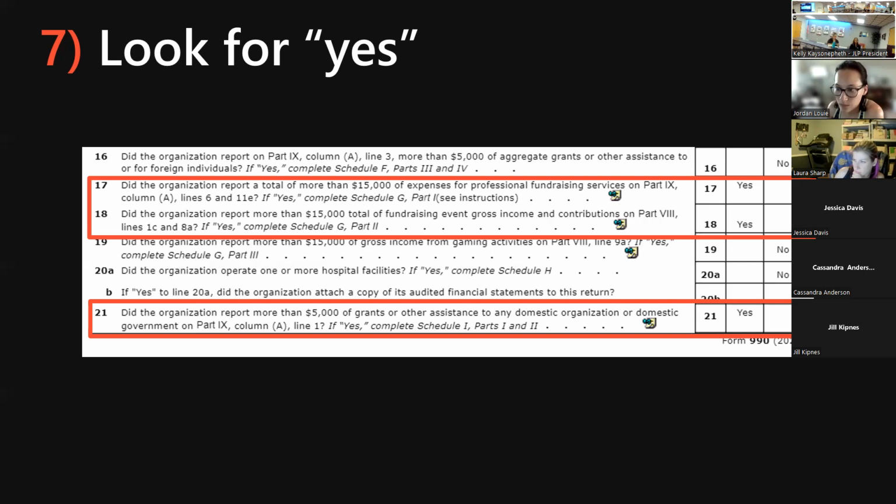Mine had a lot of yeses related to land and things like that. That's because I know the Arizona Humane Society just purchased land and they're building their new facility. So the yeses all make sense to me. And if you were to compare that organization's activities over time, they probably checked no for several years, and this happened to be the year that the transaction hit the finances, so they have to report it.